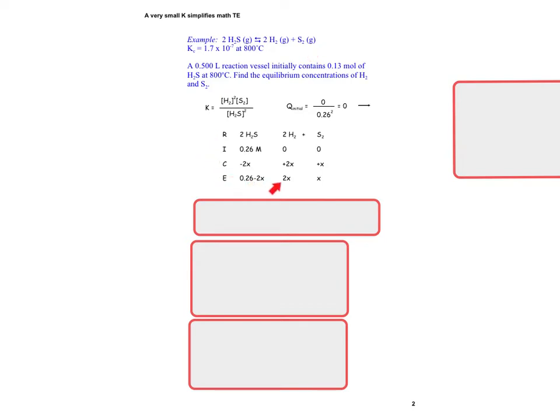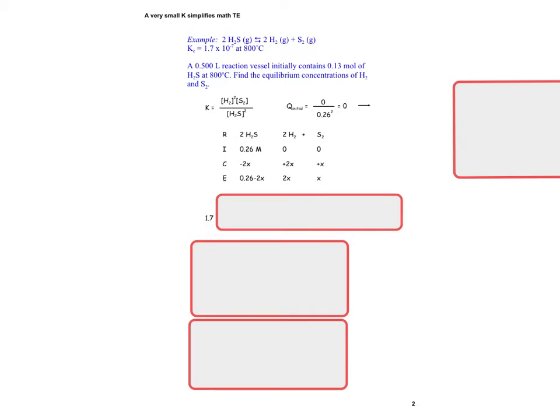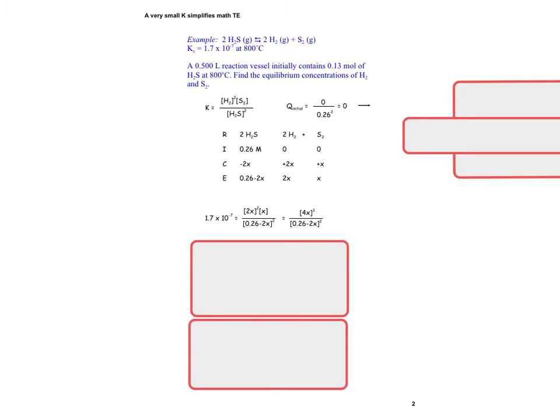So I set up my RICE table. 0.26, 0, 0, minus 2x, plus 2x, plus x. 0.26 minus 2x, 2x, and x. Okay, no problem there. And then I set up my substitution.